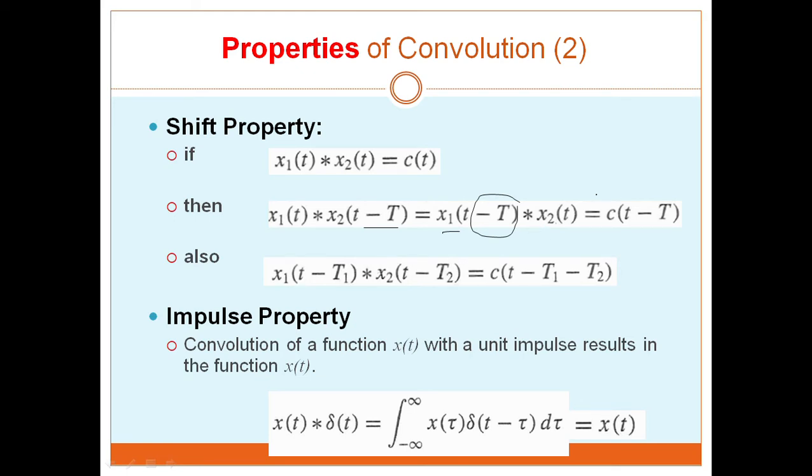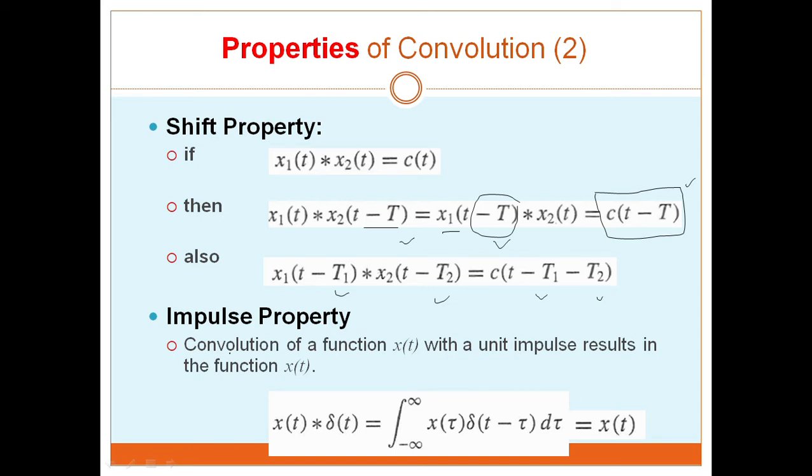So the result will be c(t minus big T). It doesn't matter if we shift here or here; the result will also be shifted. And if we shift the first signal by T1 and the second signal by T2, the output will be shifted by T1 plus T2. It shows the linearity property also.